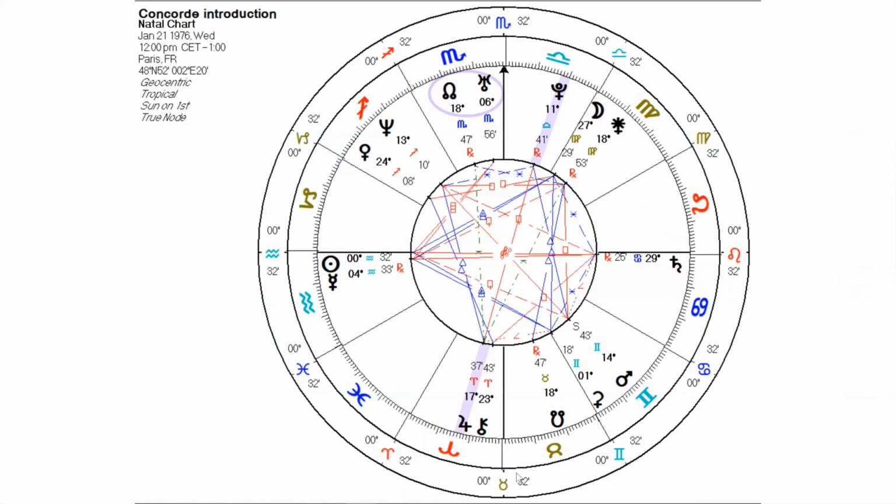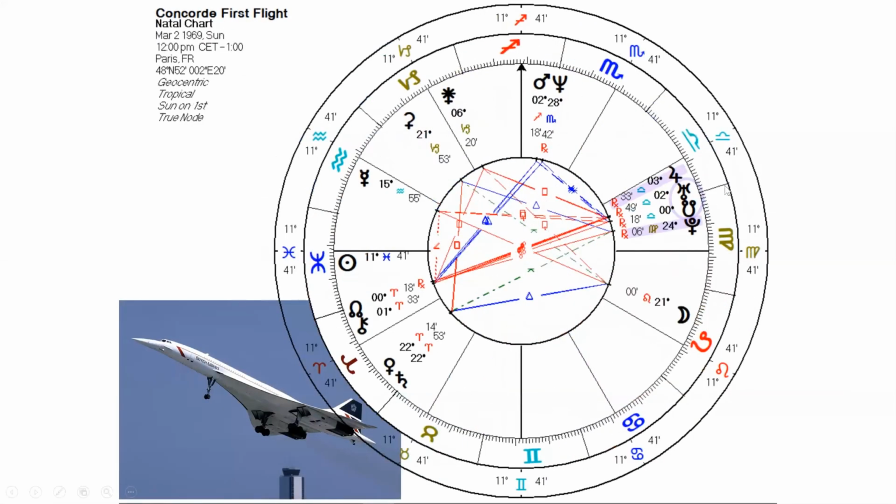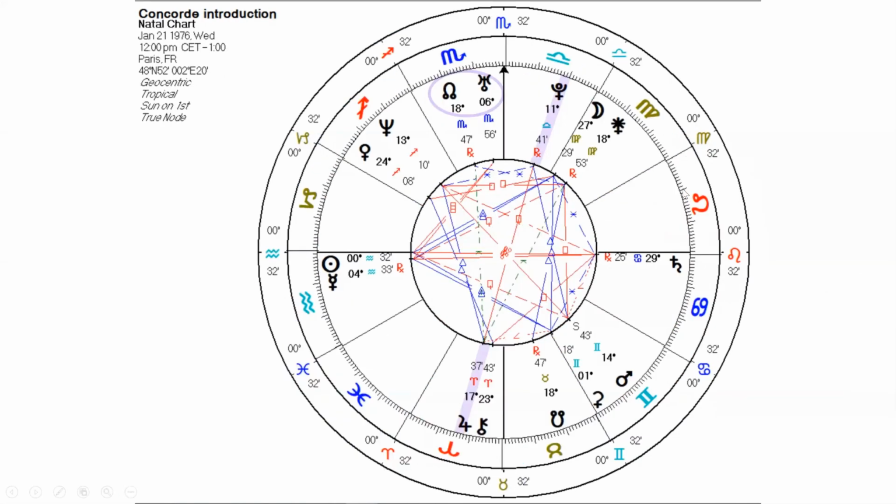So what do we see? 7 years later, another Pluto-Jupiter opposition. So during the conjunction, we had the first flight, the test flight. And then during the opposition, we have the first commercial flight.